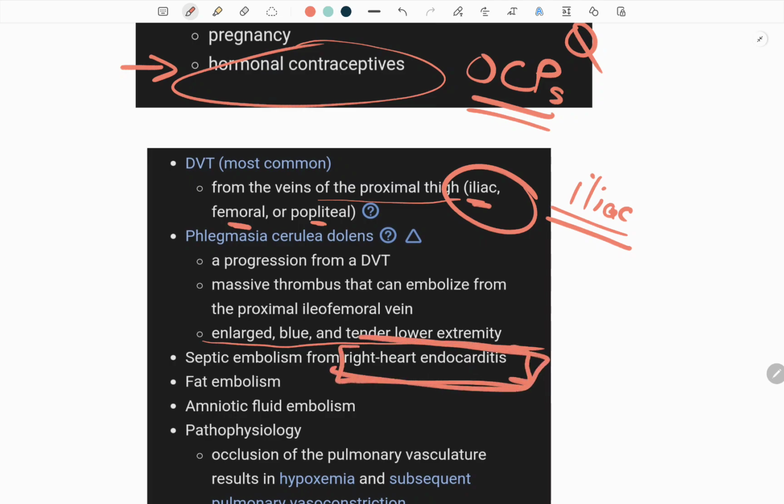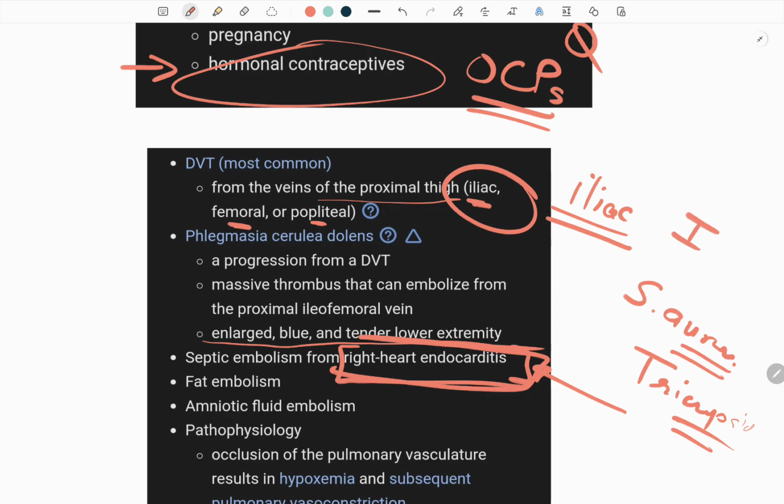Can you recall right heart endocarditis? Most commonly tricuspid. And can you recall from where this could come? The most common bacteria could be Staph aureus, and yes, it is IV drug users. It's the most common.